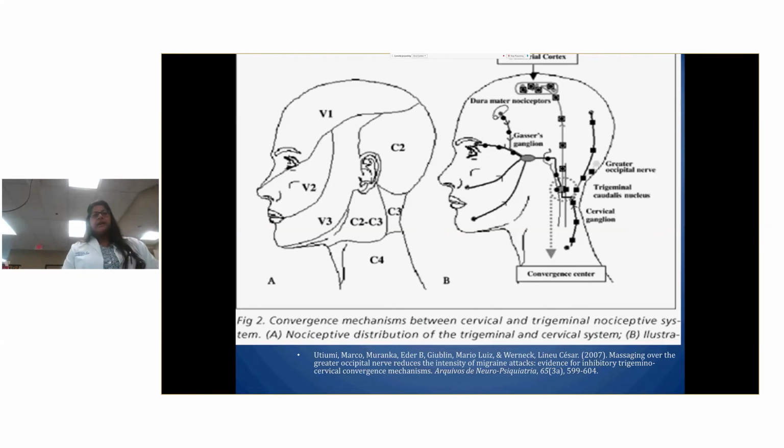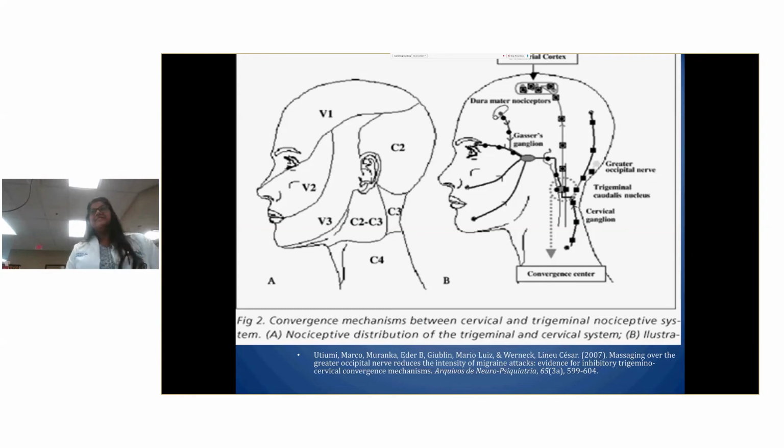And then the distribution of the cervical spinal nerve root areas as well, on the back of the occiput and neck. And then you see the nerve pattern of the trigeminal nerve descending towards the neck area, and you see the cervical ganglion with sensory fibers ascending. And you see that dotted line.